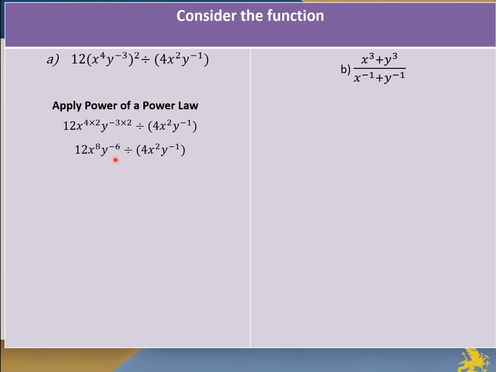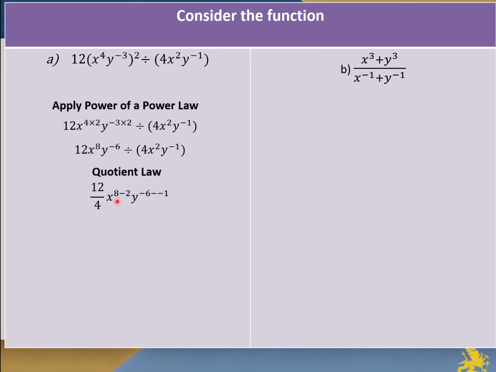The next part is because we are dividing, that means I'm cancelling, which means I'm subtracting. So I'm going 12 over 4, x to the power of 8 take away 2, and y to the power of -6 take away -1. So that is the quotient rule. 12 divided by 4 is 3.